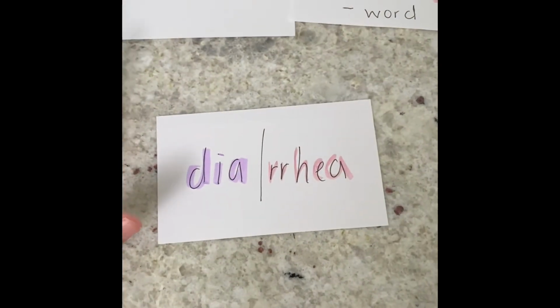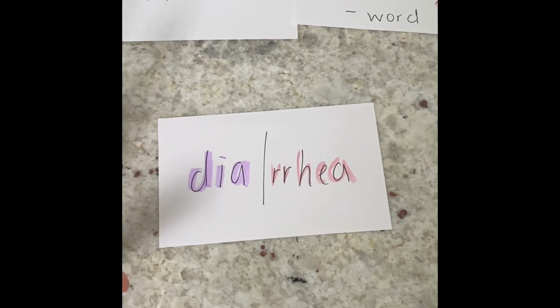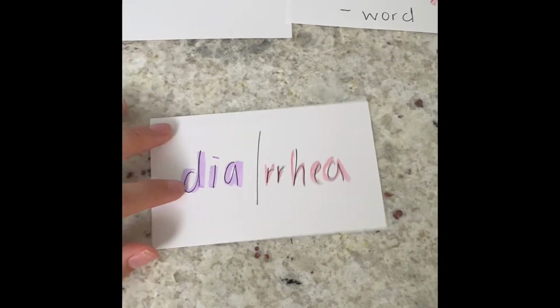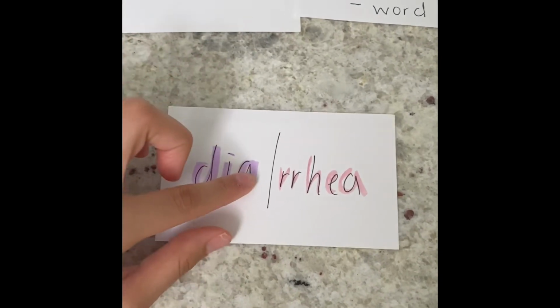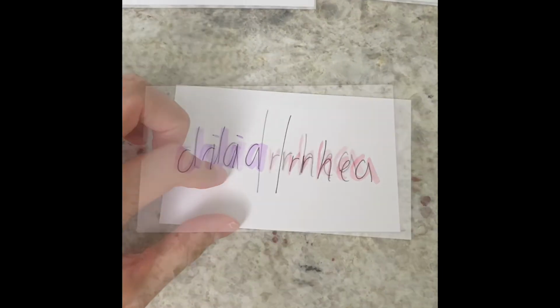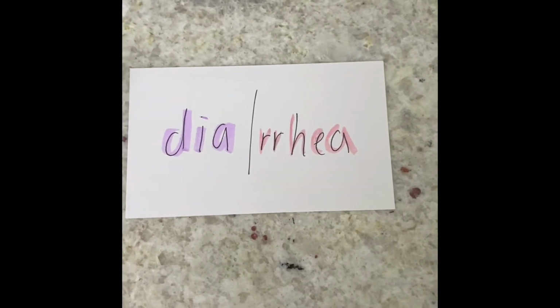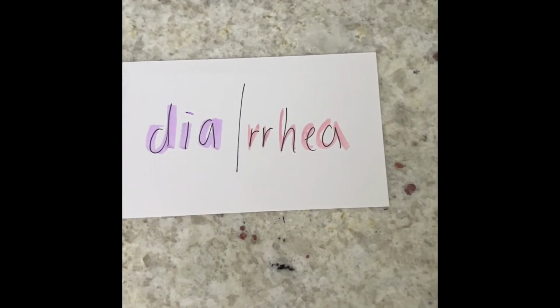Another example of a combining form when dropping a vowel would be diarrhea, which you would drop the O and leave it the way it is already. The meaning of this word is frequent passage of loose, watery stools.